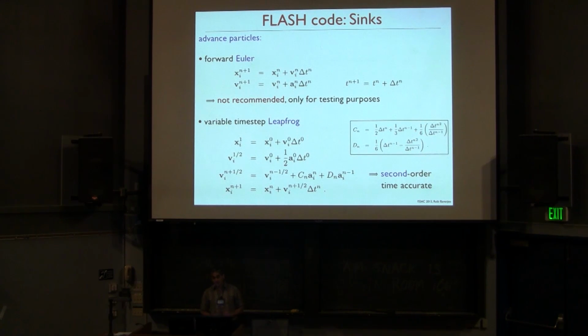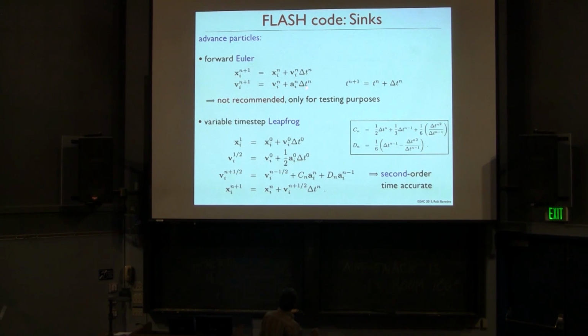So, and of course, once you have the gravitational acceleration, you advect your particles according to Newton's law here. And there are also different ways to do this. There's a very simple forward Eulerian method.